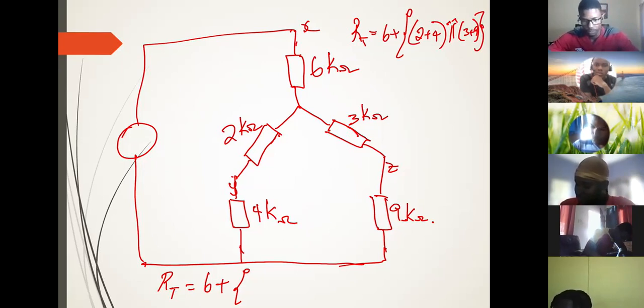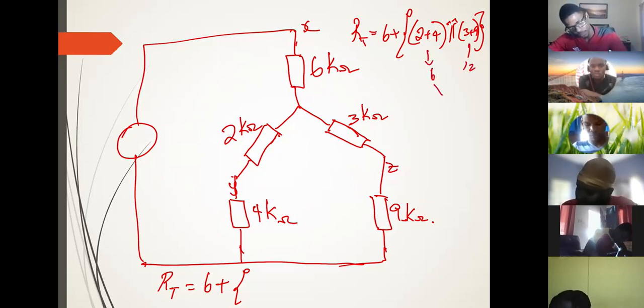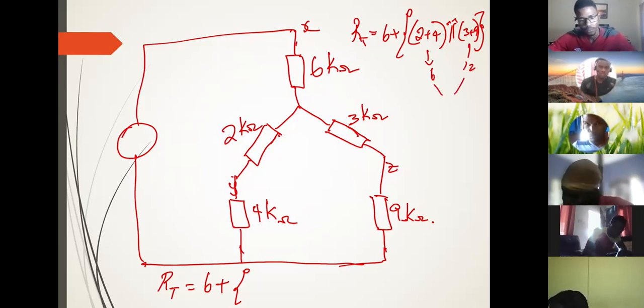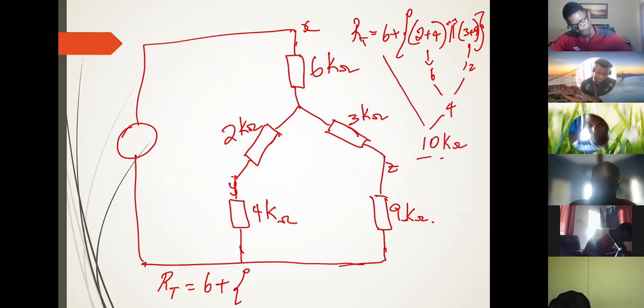All right, so 3 plus 9 gives us 12. 2 plus 4 gives us 6. 6 in parallel with 12 is 4. And then 6 plus 4. So the total resistance is 10 kilo ohms.